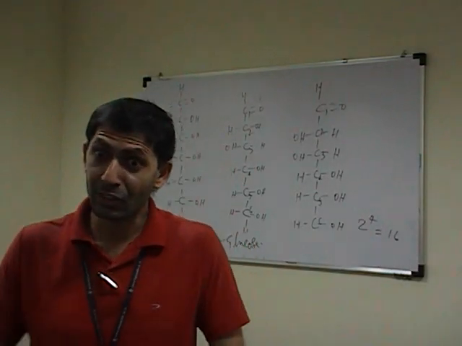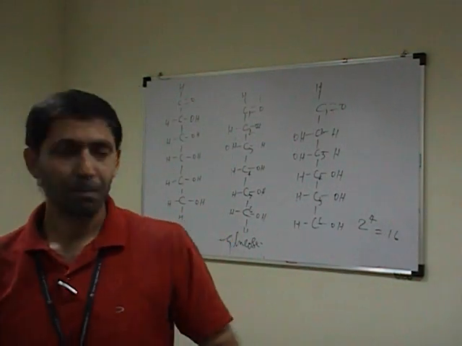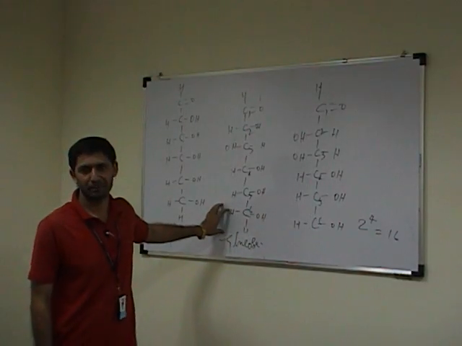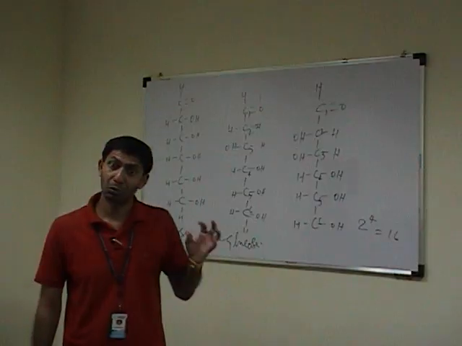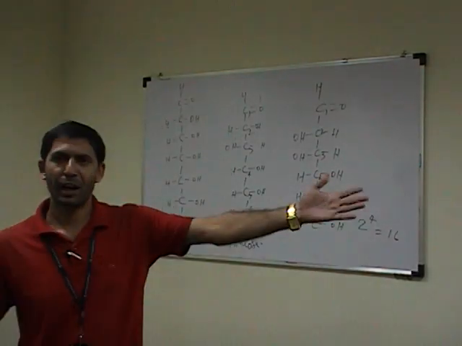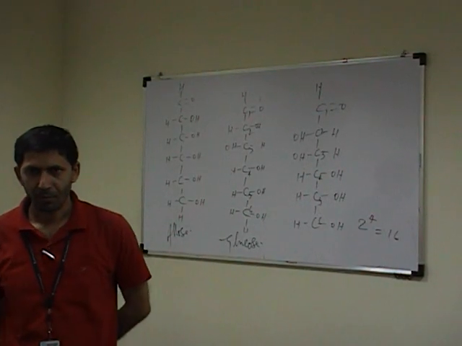Initially there is no fructose 6-phosphate, because these enzymes are also specific. Hexokinase is specific for glucose. It cannot act on other hexoses.